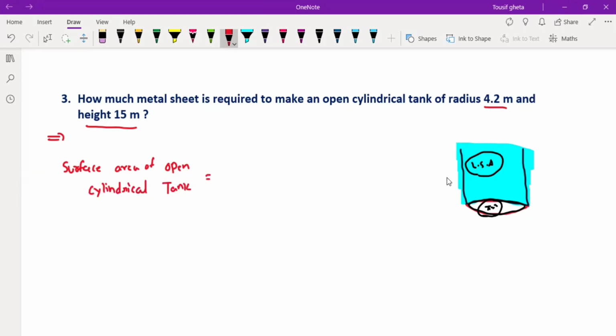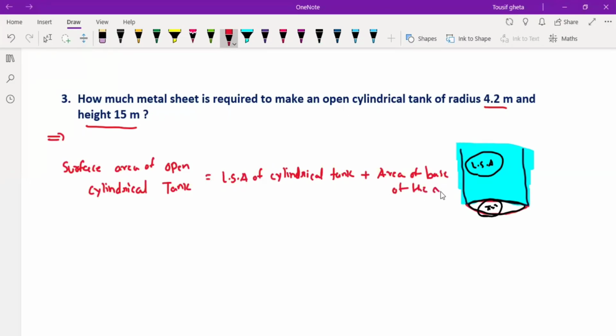In this figure, the center portion is the lateral or curved surface, so we are going to apply the lateral surface area of cylinder formula, plus the area of the base of the cylinder.